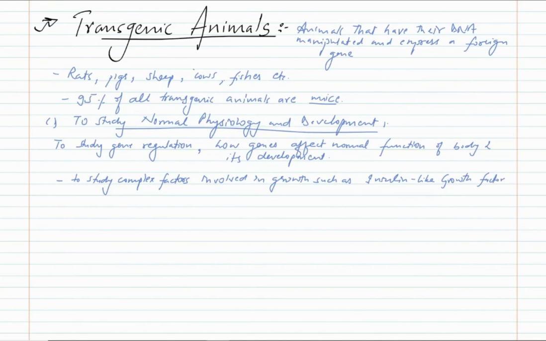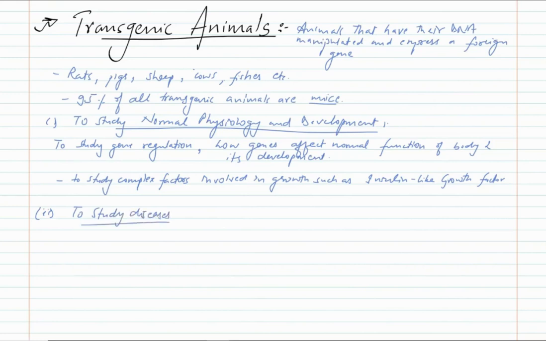What we do is we introduce genes from different species to alter the formation of this factor, and we can study the biological effects. The information obtained about the biological role of this factor and its mutation or its absence can be applied to humans, and we can study a lot of human diseases. We can understand the normal physiology.